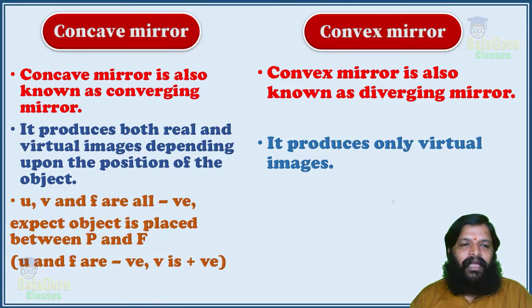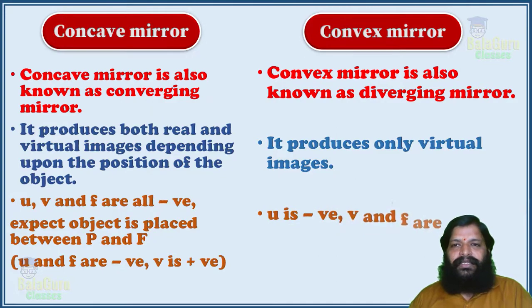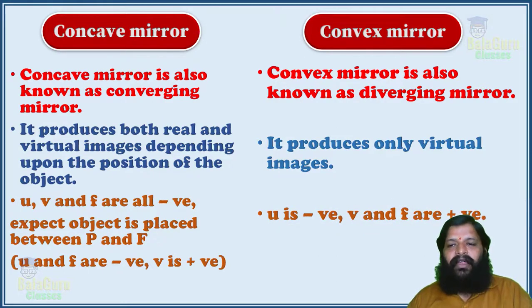In a convex mirror, U, V and F are all negative for concave except when the object is placed between P and F, where U and F are negative and V is positive. Remember this, children: U is negative, V and F are positive.